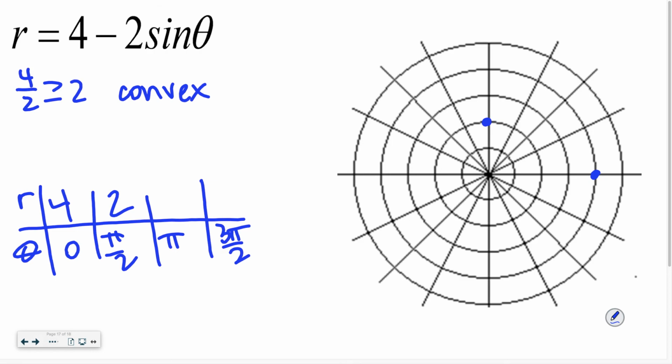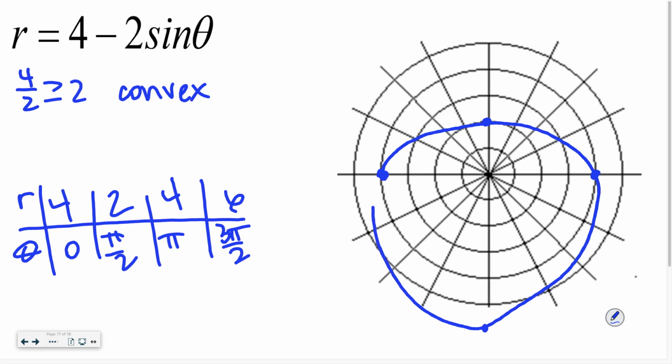If we plug in pi, we get 4. And if we plug in 3 pi over 2, we get 6. Whoa. Looks like an acorn. It does.